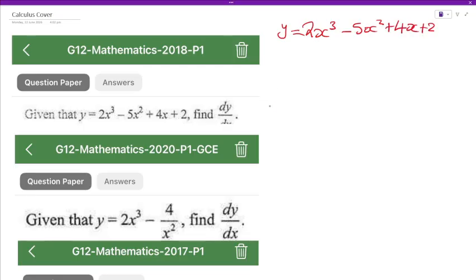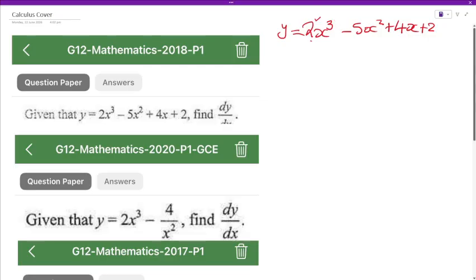To differentiate, you take the power of x, in this case 3, multiply it with the coefficient of x, which is 2, and then you reduce the power by 1. So it's going to be 3 times 2 x to the power 3 minus 1. That's how you differentiate: multiply the power of x with the coefficient of x, and then take away 1 from the power of x.